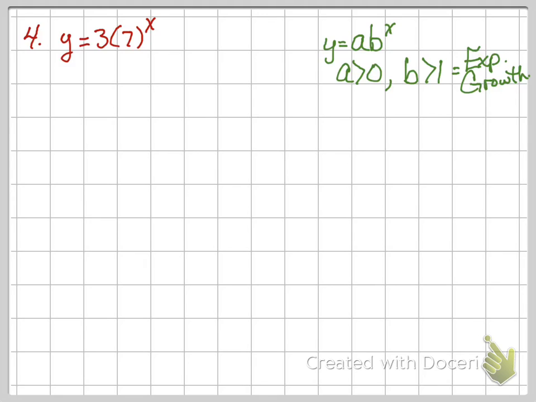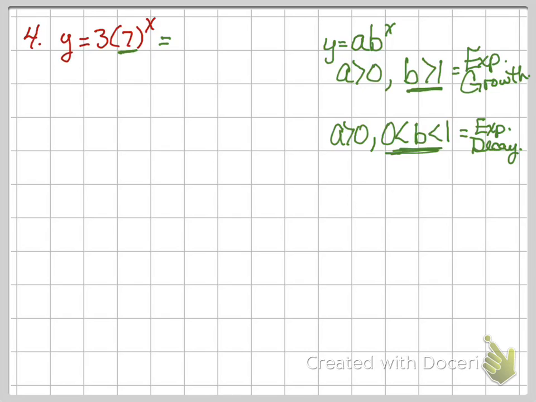If a is greater than 0 and b is between 0 and 1, then we have exponential decay, or it decreases. So where we look to see if we have exponential growth or decay is in our b. If I look at b, b is 7, so that's greater than 1. That means we have exponential growth.